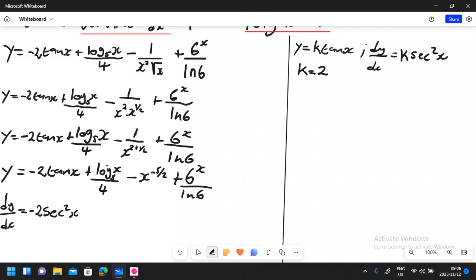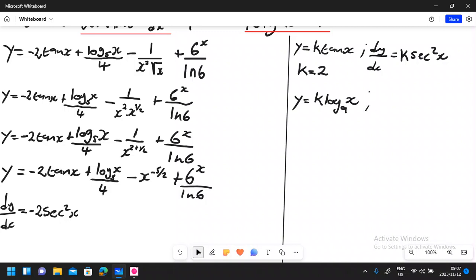Now our second term, we have log base 5 of x. All right, so when we look at our general formula for log, we do have k here, so it's going to be k, and then we have log, and the base is going to be a, and that is x.